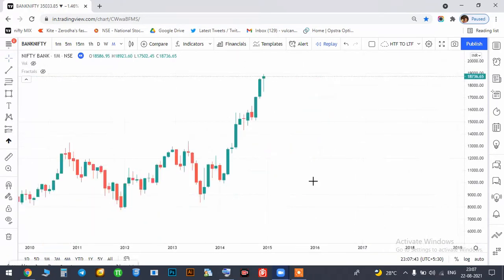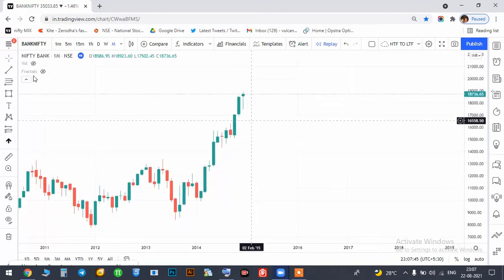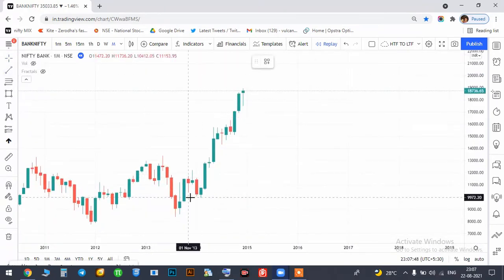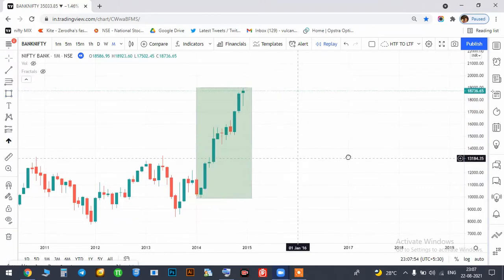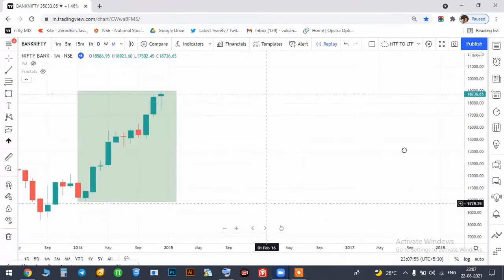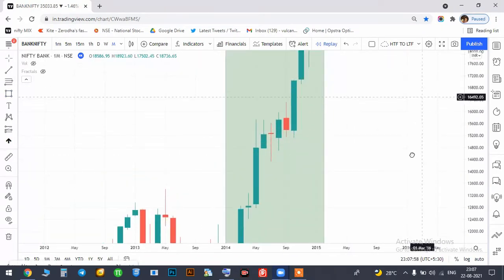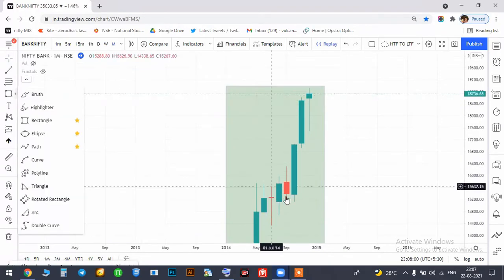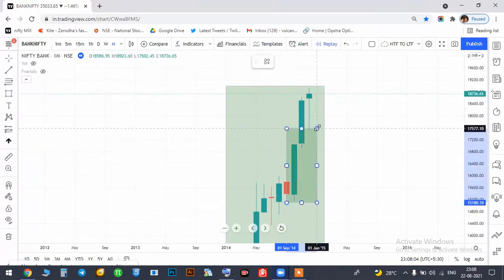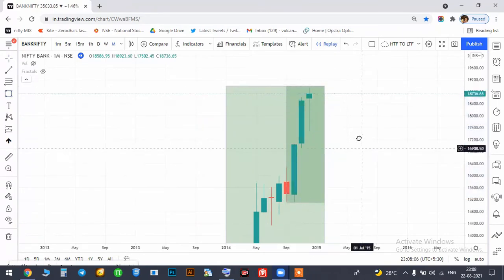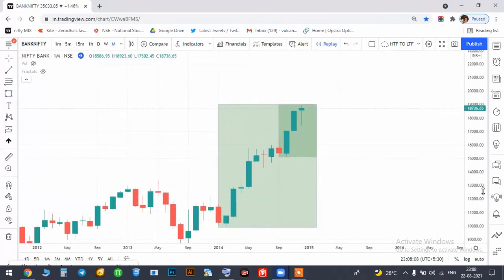So you will mark for the rapid momentum of the price. Like in this rapid momentum, there is also a rapid momentum within the price.